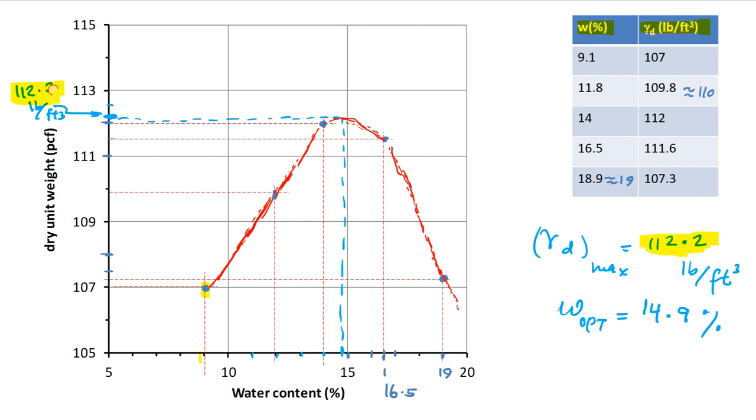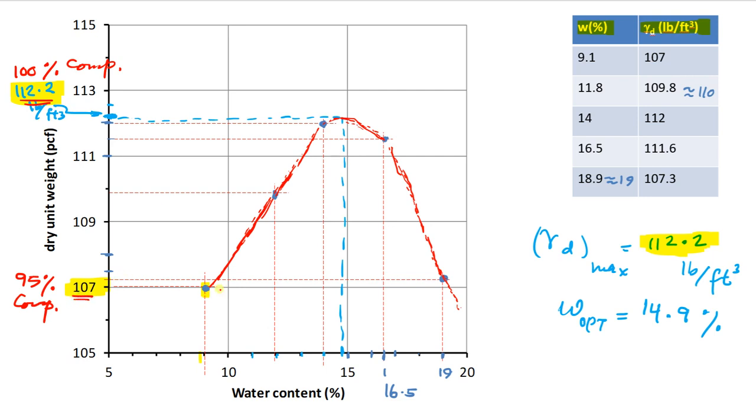This is 100% compaction and 95% compaction is 107. So I can write here, this is 100% compaction and this is 95% compaction. Okay, 100% is 112 and 95% is 107.